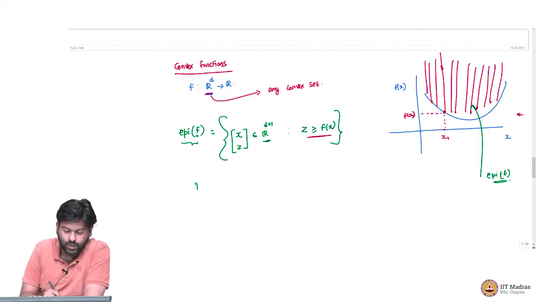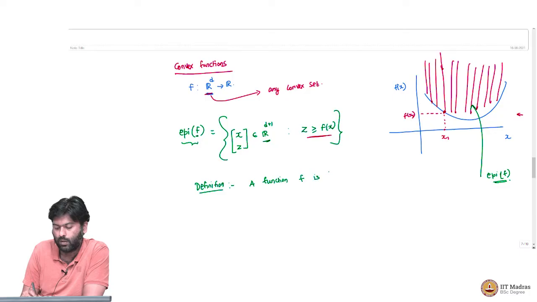So, the definition now then is, we will say a function f is convex if the epigraph of f is a convex set.